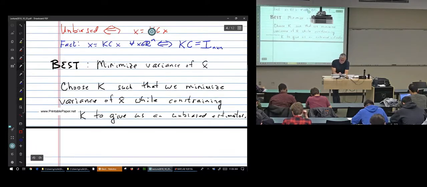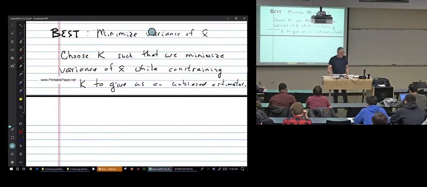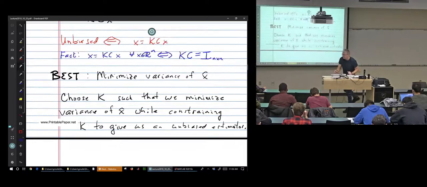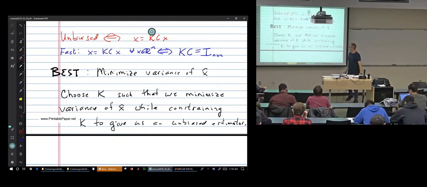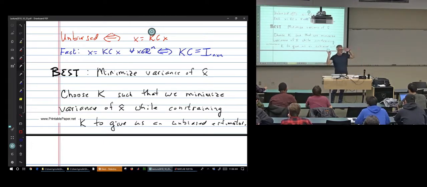Okay, so that's going to be our problem. So let's figure out a formula for what the variance of X hat looks like, and then we can minimize that. That's what we're going to do. The logic of this is coming through, I hope.